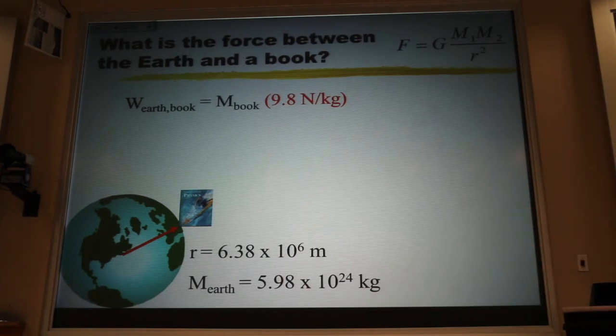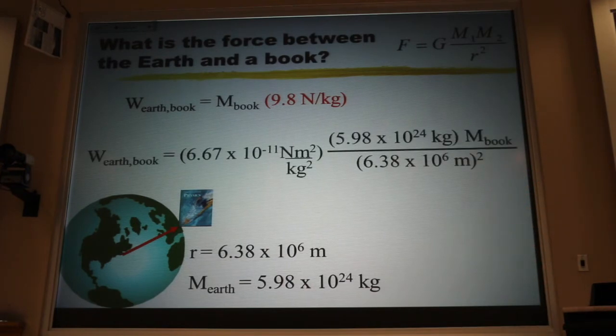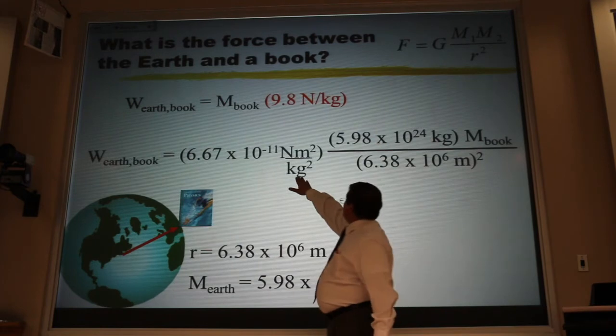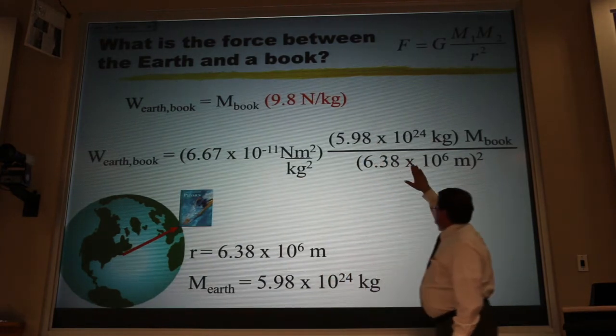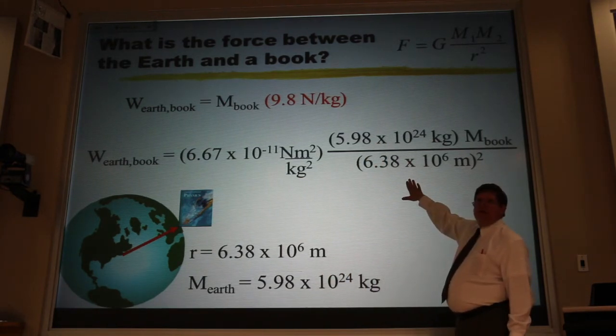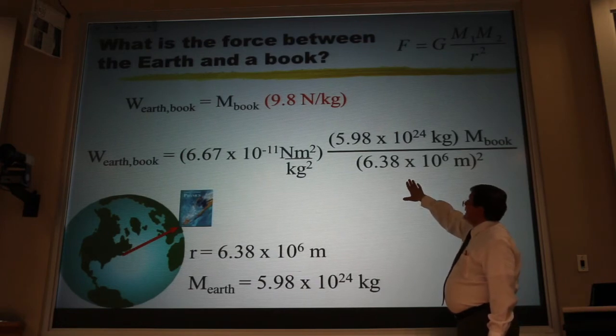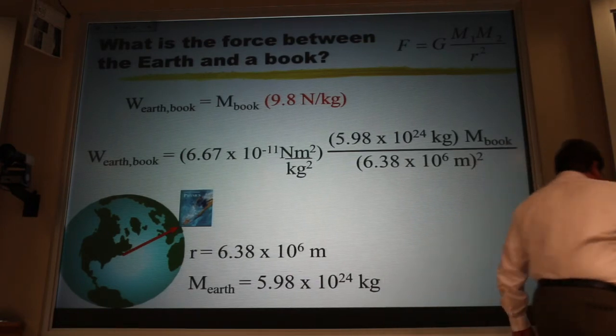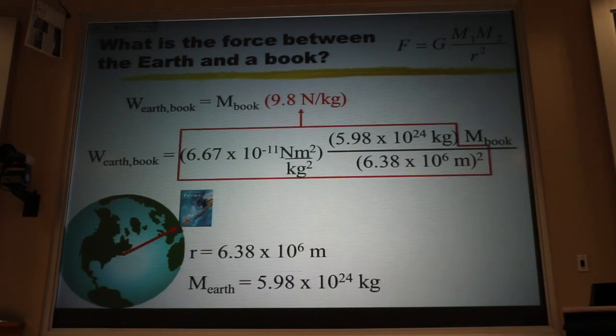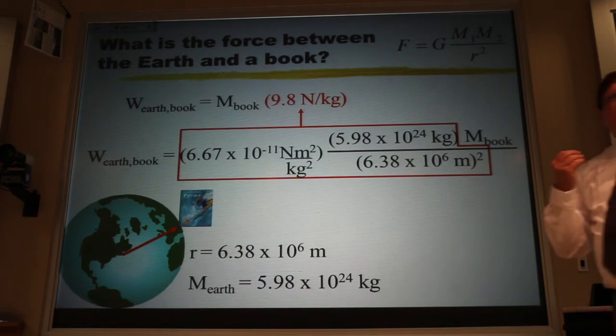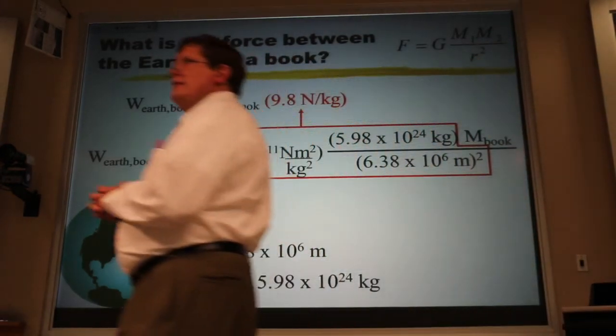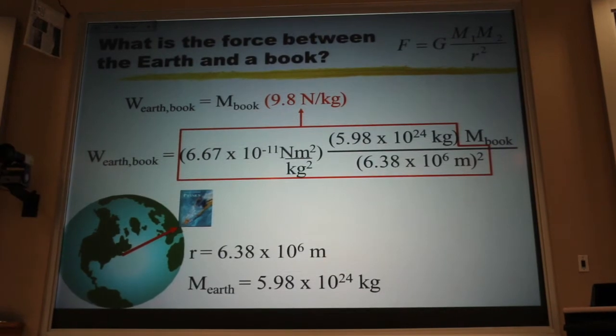But with those two numbers, we can plug into that formula the universal constant, the mass of the Earth, the distance between the center of the Earth and the book squared. And what we see is that all of that stuff in the box is the 9.8 newtons for each kilogram.